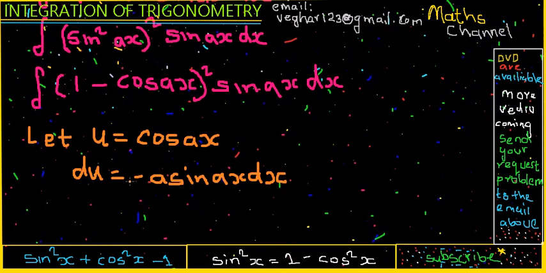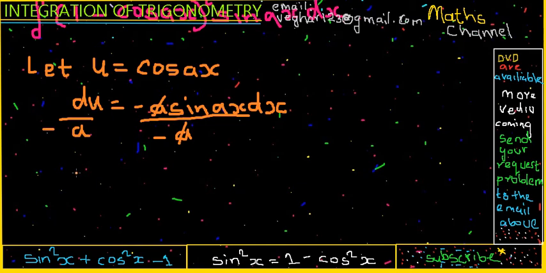So from this point, we have to replace everything in terms of u, but because there is no a here, you have to divide both sides by negative a. So this a will cancel this a.